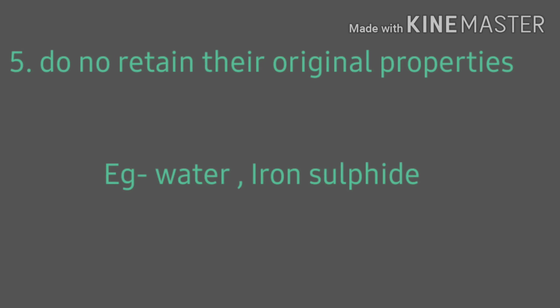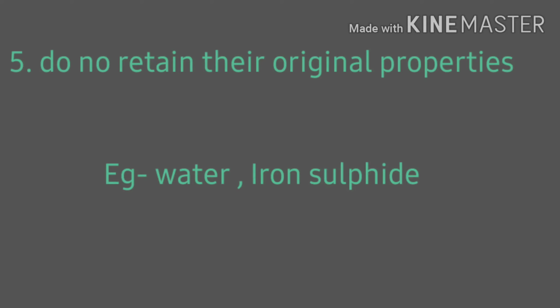Let's take another example, iron sulfide. The formula of iron sulfide is FeS. Already you know that components do not retain their original properties. Iron is attracted towards a magnet, but iron sulfide is not attracted towards the magnet.